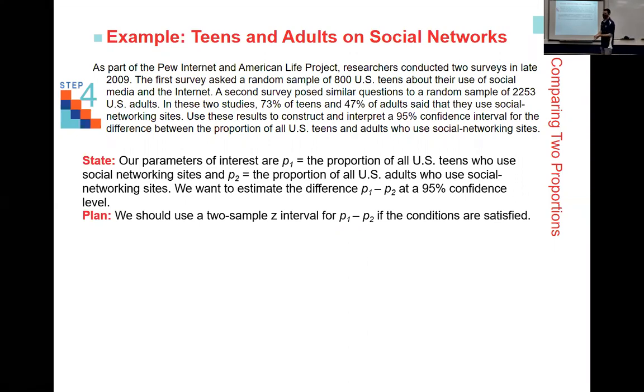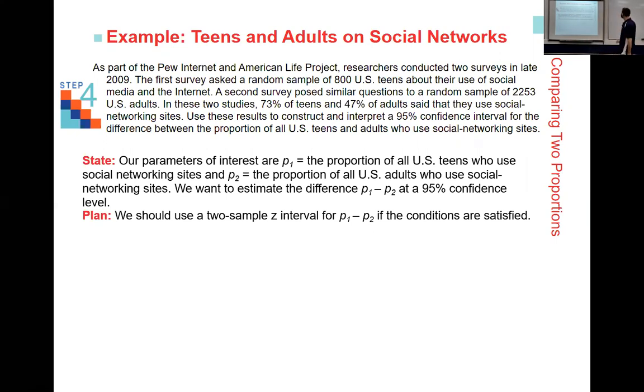Random, normal, independent. Random. The part that's random about this, that you're looking for, where are they random? Well, there's a random sample of 800 teens. We have a random sample of 2,253 adults. There's your random condition. Normal.